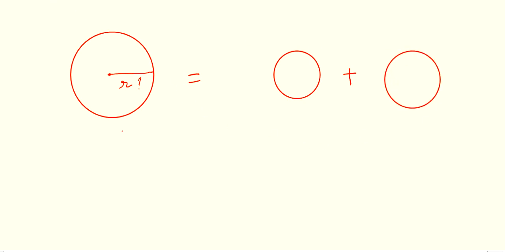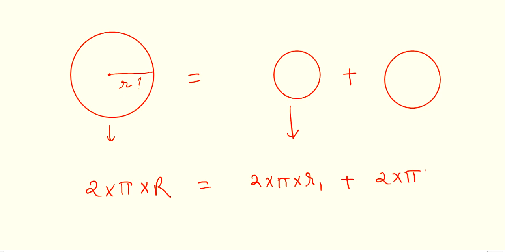Clear? So the circumference of this circle, 2 into pi into r, equals the circumference of the smaller circles, 2 into pi into r1 plus 2 into pi into r2.